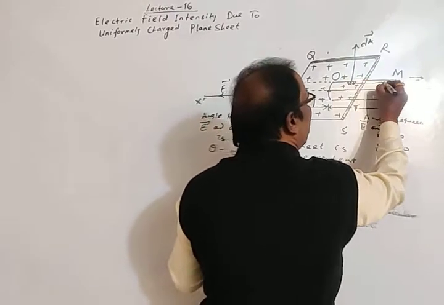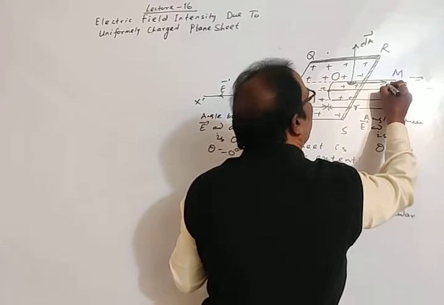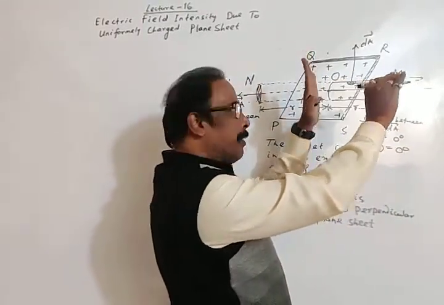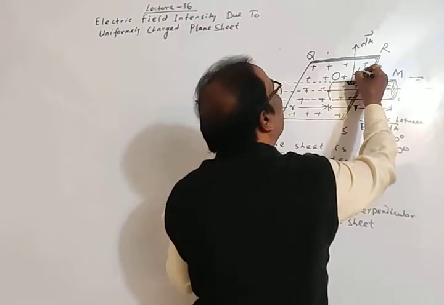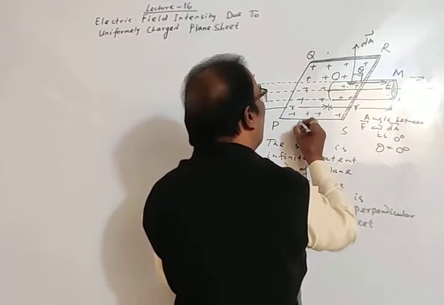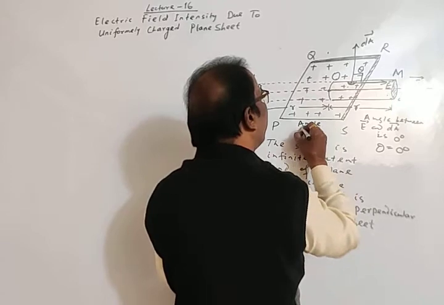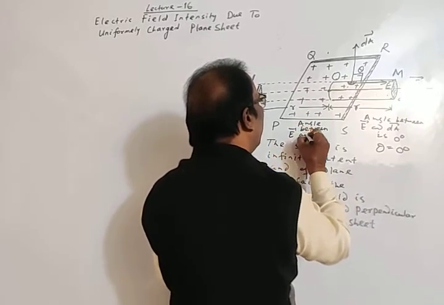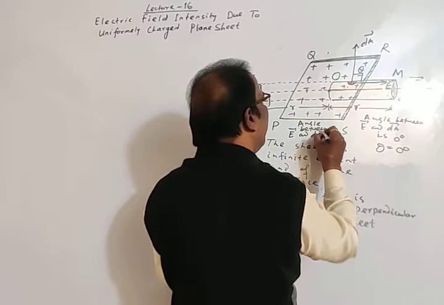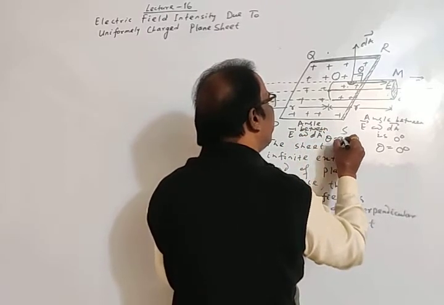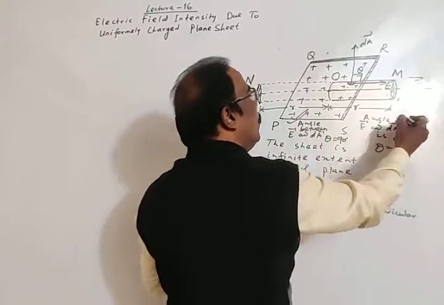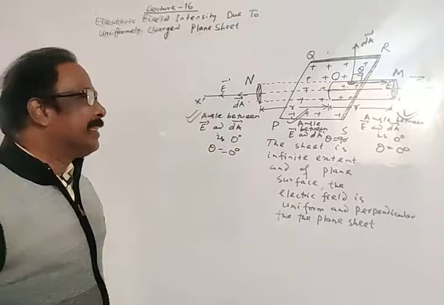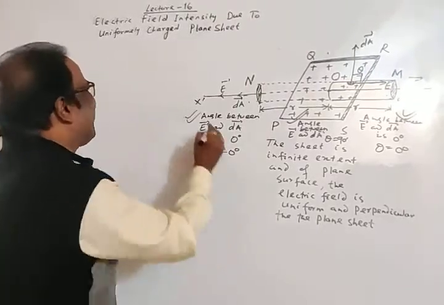This is dA and this is the direction of electric field, meaning electric field is perpendicular to the surface of the flat sheet. So at O, the angle between electric field and dA, theta, is 90 degree. This is at O, this is at M and this is at N.